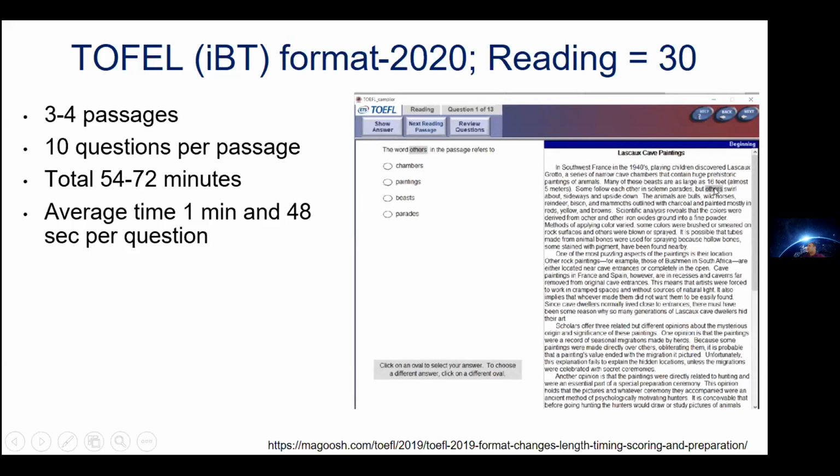This highlighted portion is the word "other". They would ask which one of the 4 options the word "other" in the passage refers to. Then you read carefully, and then you select your answer. So this is how the reading section would appear in the internet-based TOEFL. So this is just to highlight. Similarly, you would receive 3 to 4 passages, and there would be 10 to 13 questions in each.